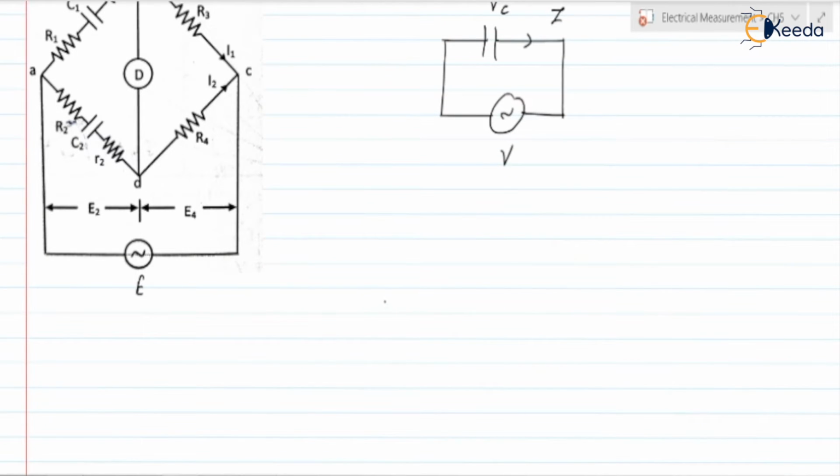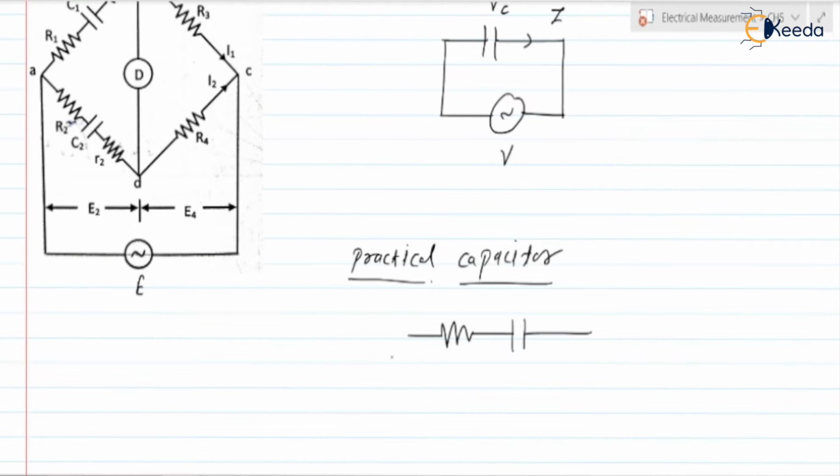And suppose we have a practical capacitor. In the practical capacitor, we have some resistance of the capacitor, and this is not an external resistor. Be careful, this is the internal resistor.